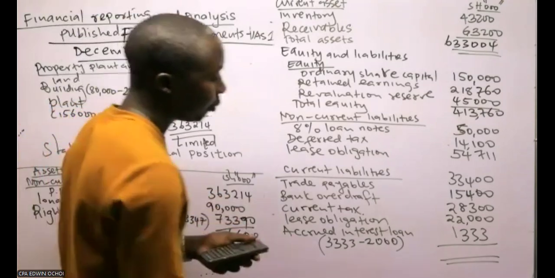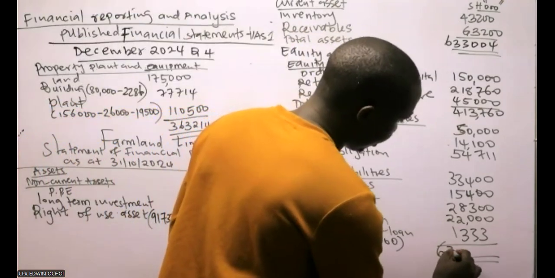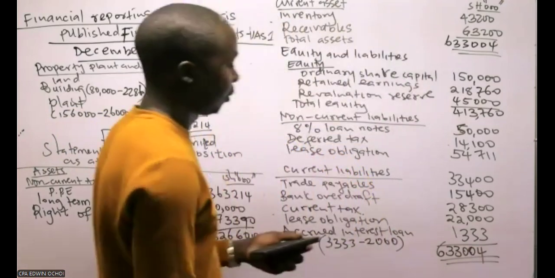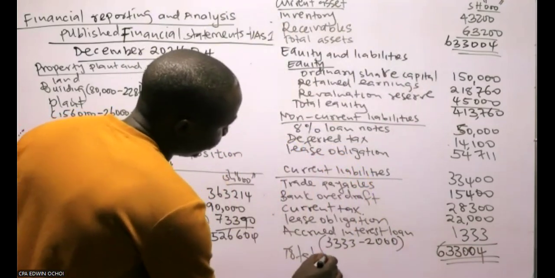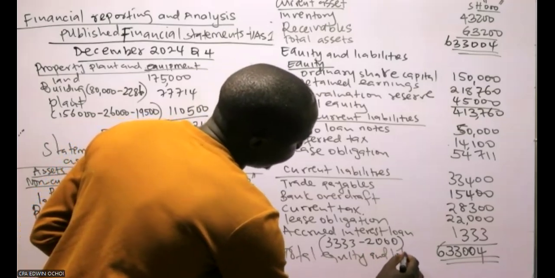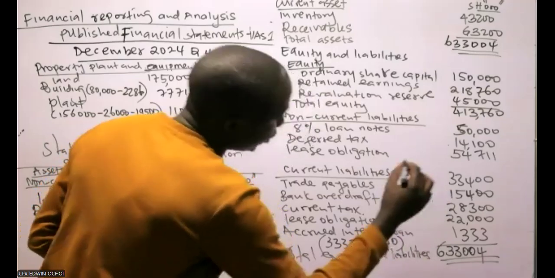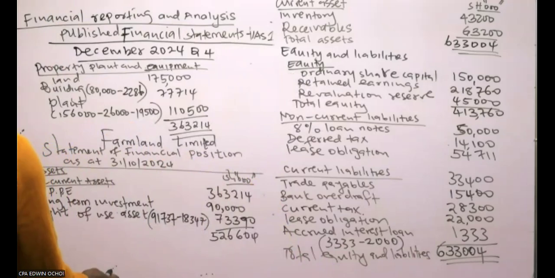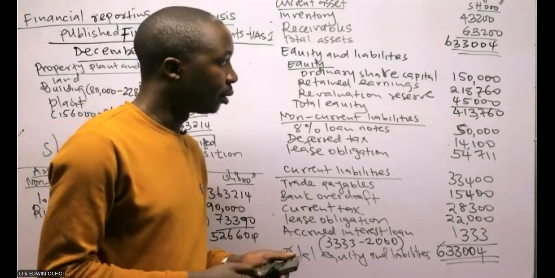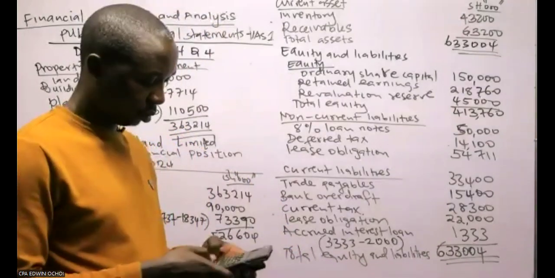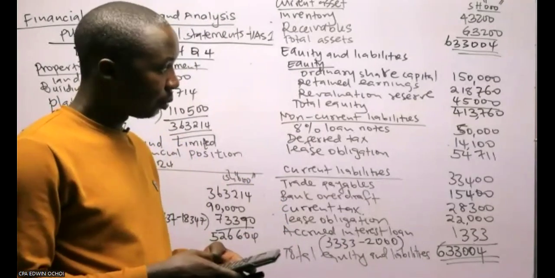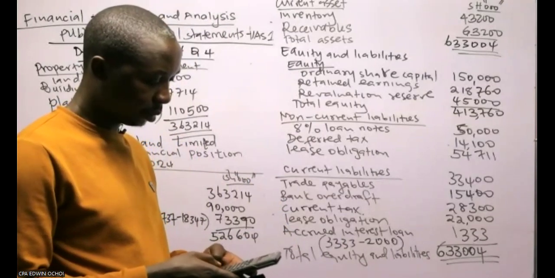All right. So 633,004. So total equities and liabilities. I will look for one more question so that we do it as our second illustration.